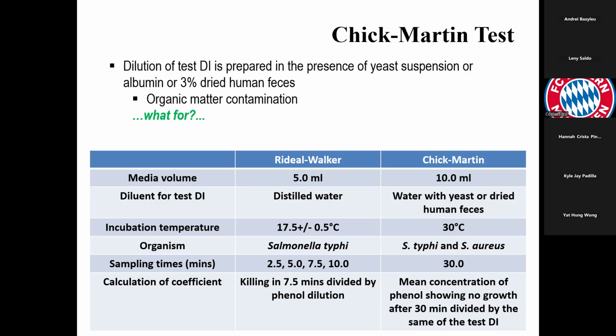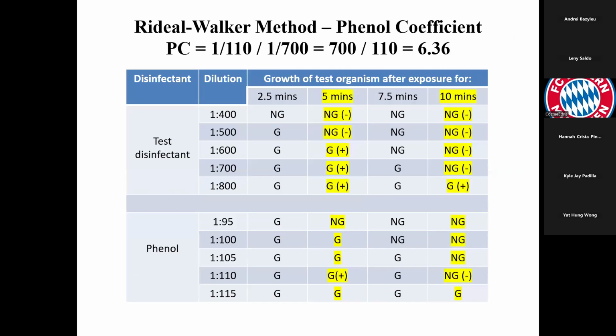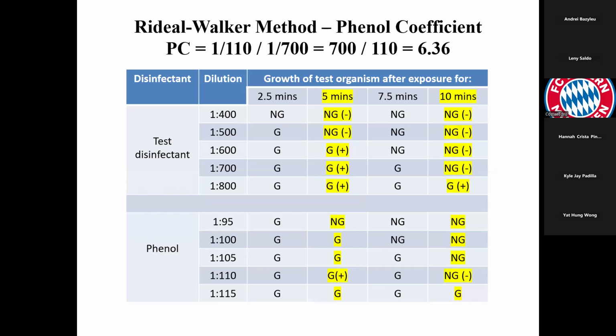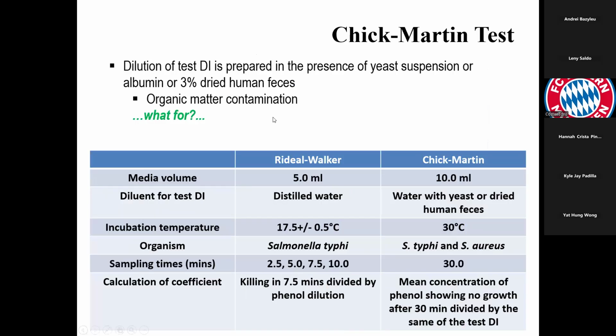In our example, obviously you didn't do it this detailed in the lab, but if you've set up multiple biological replicates, multiple technical replicates, several times, and every time you run it you get a phenol coefficient of say 6.36 or around that value, only then you can say that the way I'm setting up this experiment with these dilutions, with this organism, with these temperatures, right? Referring now back to the table here.